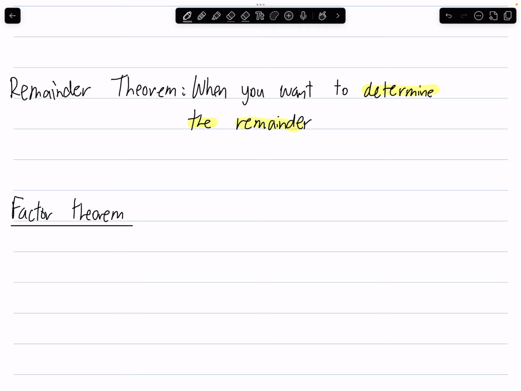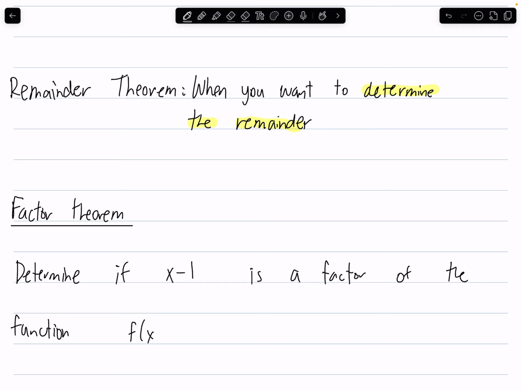Let's say the question asks you to determine if x minus 1 is a factor of the function.